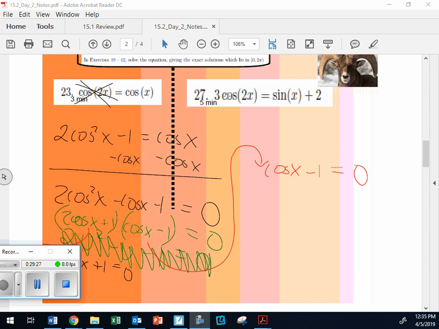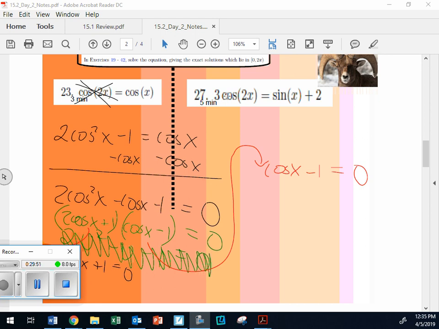Oh, actually, I'm sorry. Number 23 is not exactly like the one we did in class. So if I were you, I would get started with me. So find your homework. It's the file called 15.2, day 2. I'm only assigning you 3 of them. And the first one is partway done.